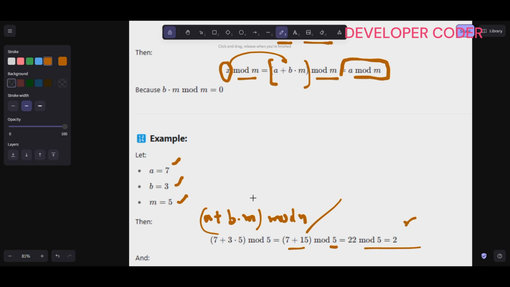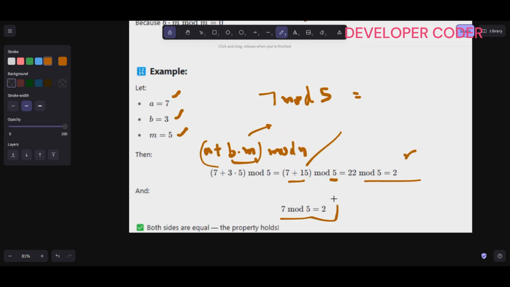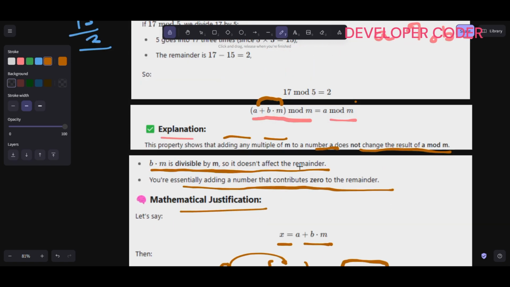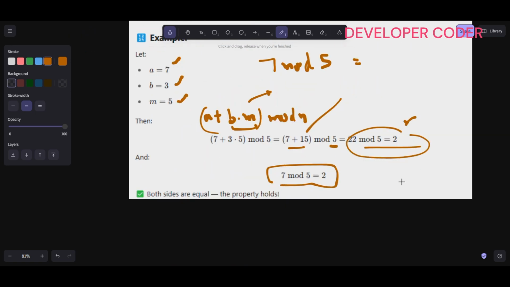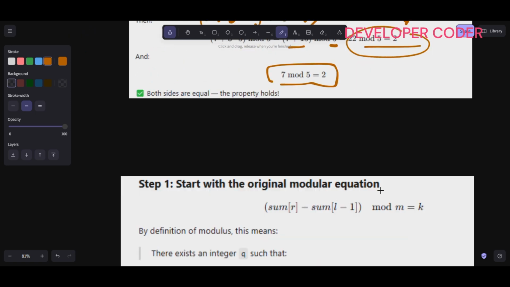Now from this example, just remove this part, b dot m, and just write 7 mod m. This is also equal to 2, right? Both LHS and RHS are matching. So this is also one property. This property shows that adding any multiple of m to a number a doesn't change the result of a mod m.